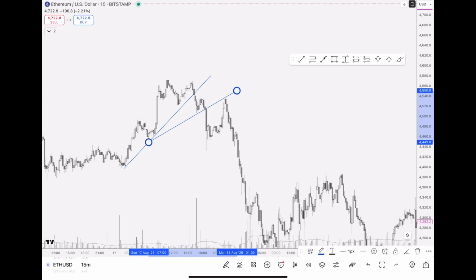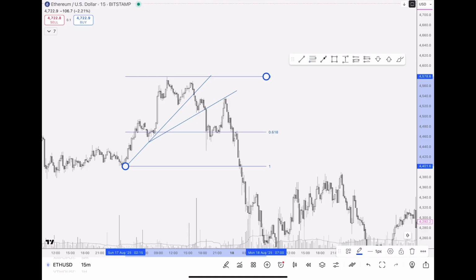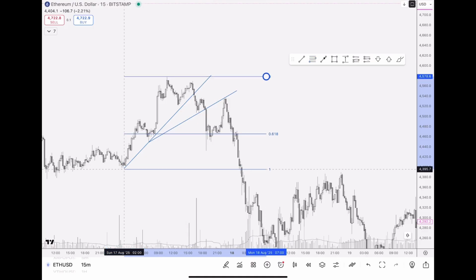This one is interesting. It has a retest. And then the Fibonacci for the target. Apologies for the accuracy there. I'm doing this again on the iPad. It's a bit annoying. I would have started at that one, I guess.